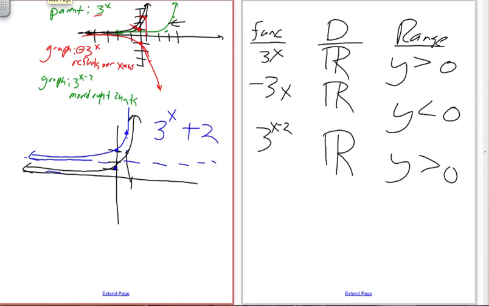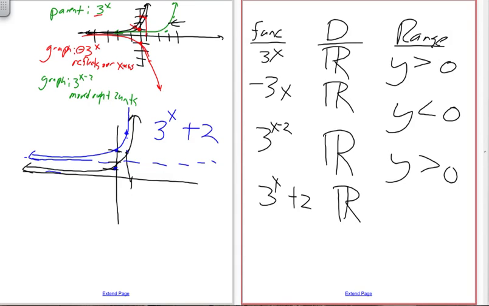And my domain and range of this is going to be a little bit different. So I'm going to have 3 to the x plus 2. My domain now will be still all real numbers, but my range now is going to be only the y values that are bigger than 2.